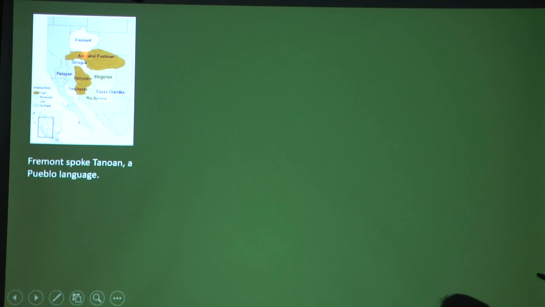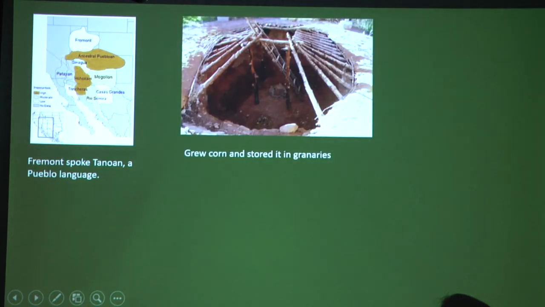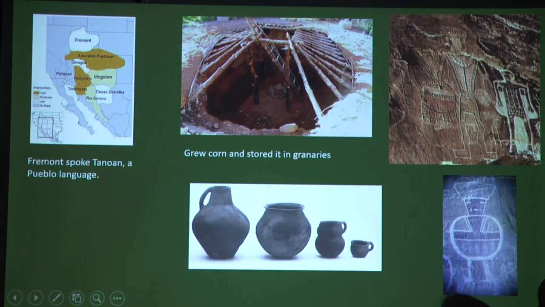And these Fremont peoples up here, though, are of some interest to us right now, because they grew corn, squash, beans. They lived in these pit house villages, and they stored their food in granaries kind of up in the sides of the walls, etc. They spoke a Tanoan language, the Fremont did, which is the Pueblo language. And they made pottery. They made this shiny kind of grayware pottery, and they made big shield figures like we have, big, huge.